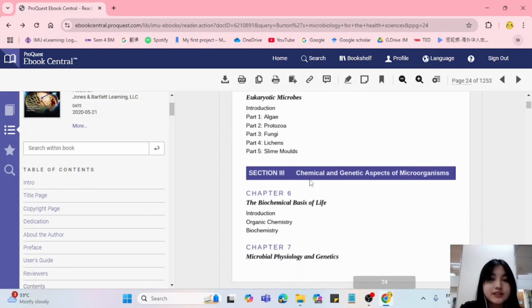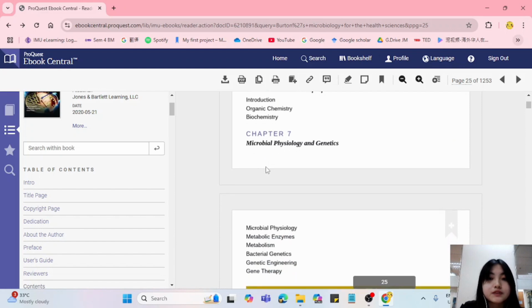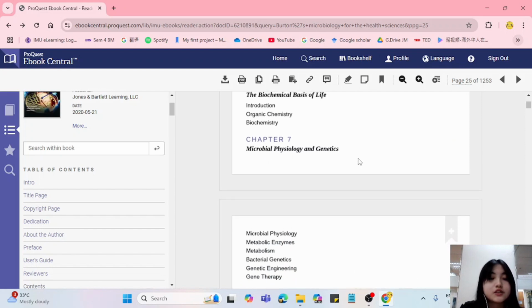The third section, Chemical and Genetic Aspects of Microorganisms, focuses on the biochemical basics of life, microbial physiology, and genetics as well. This section is essential for understanding how microorganisms function at the molecular level.